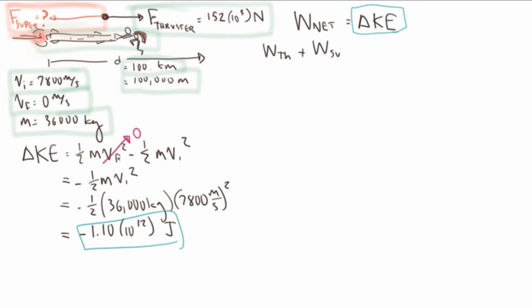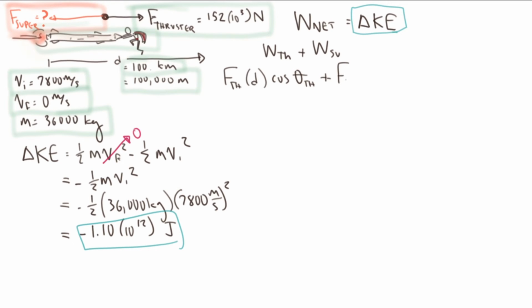In order to solve for each of those, we know that work is equal to F d cosine theta. So that is the force of the thruster times the displacement times the cosine of the angle between the thruster force and the displacement.